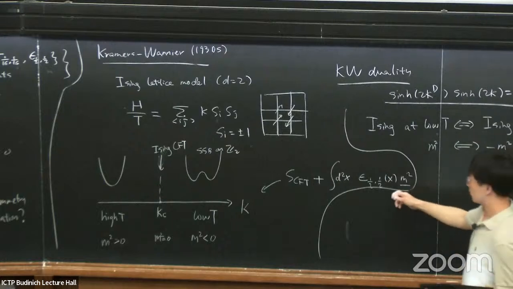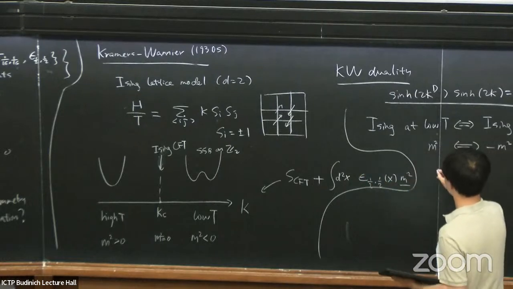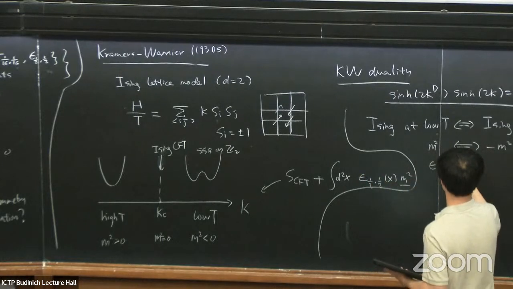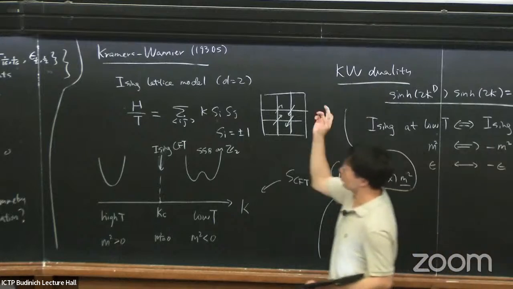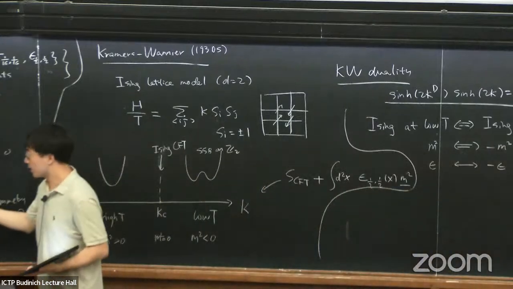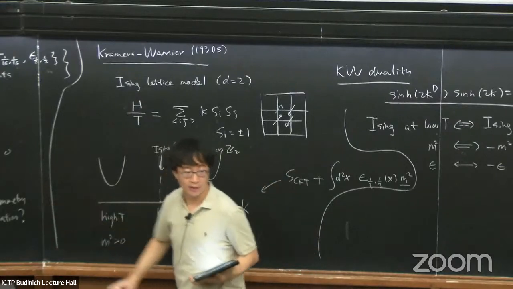Correspondingly, because of how it couples to the operator epsilon in your Ising CFT, this is equivalent to sending epsilon to minus epsilon. So this is already a hint that the Kramers-Wannier duality may be related to this hidden symmetry that explains the selection rule at the fixed point.